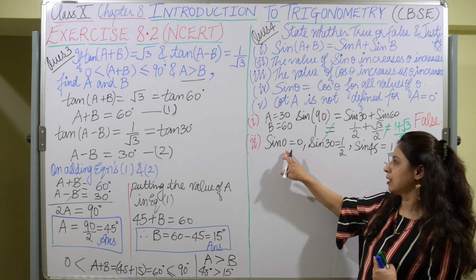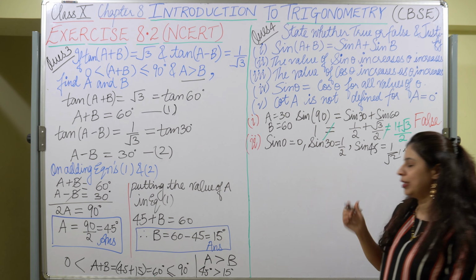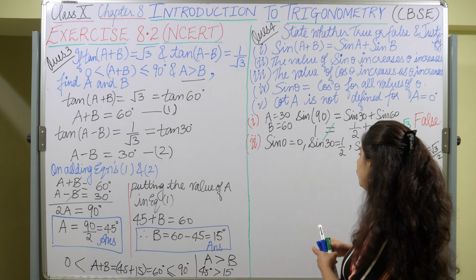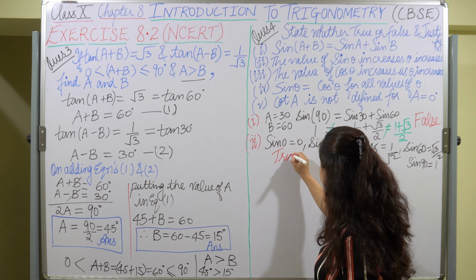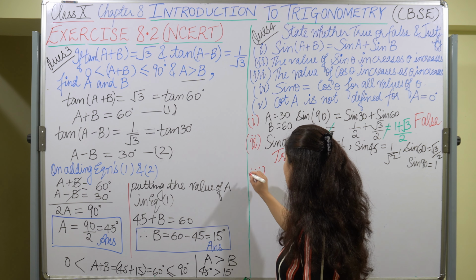So as the value of theta is increasing, 0, 30, 45, 60, 90, the sin theta is also increasing. So this statement is true. So we will be writing over here true for the second part. So now let us move on to the third part.